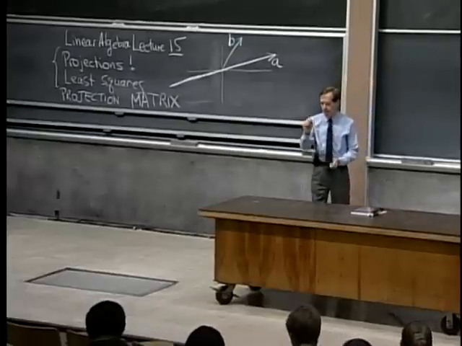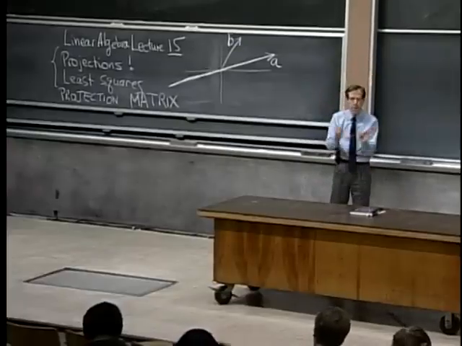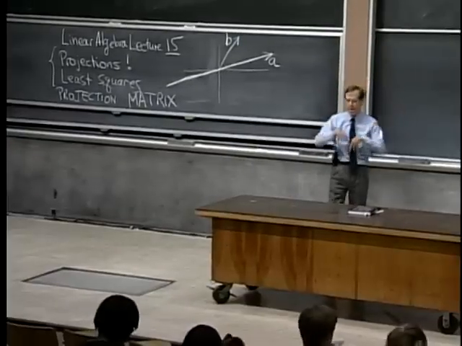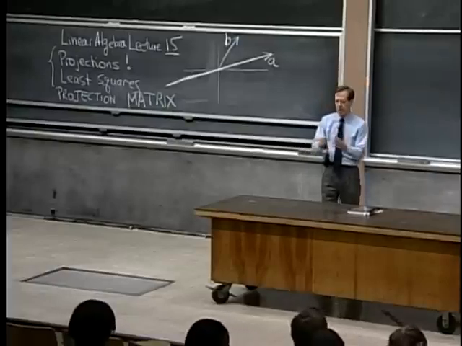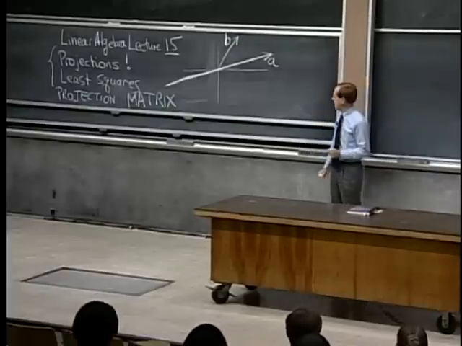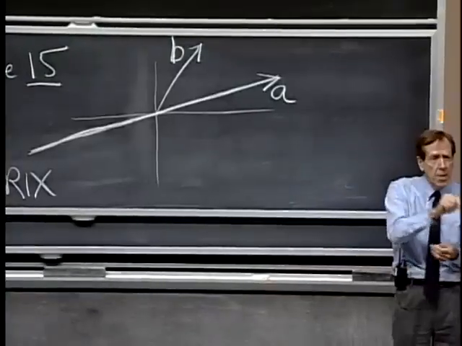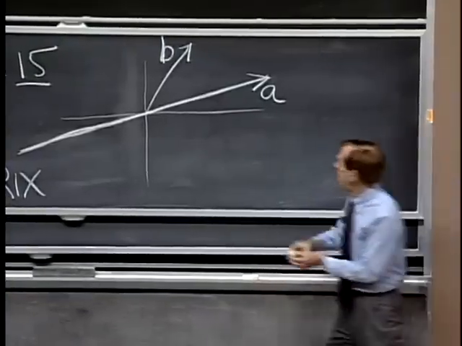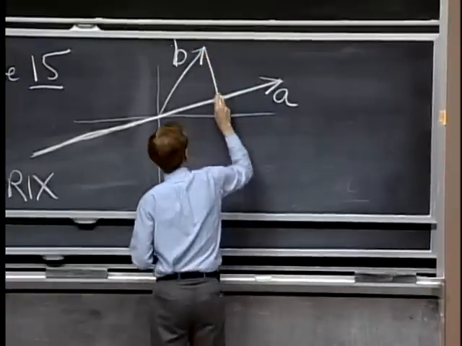I'd like to find the point on that line closest to B. Can I just take that problem first, and then I'll explain why I want to do it and why I want to project on other subspaces. So where's the point closest to B that's on that line? It's somewhere there. And let me connect that.